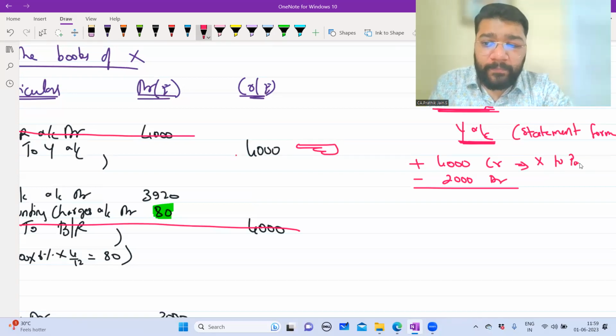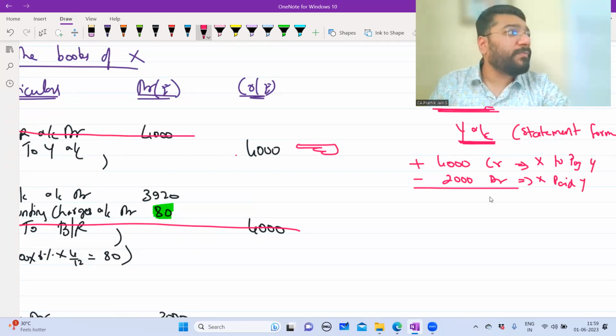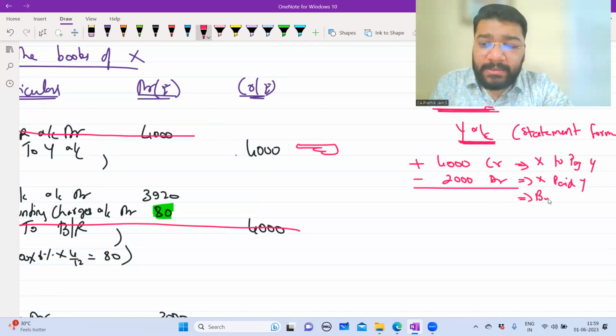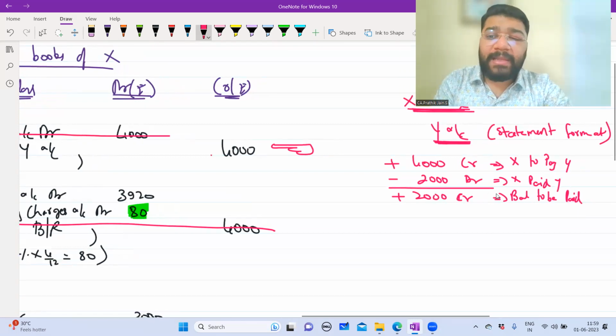X to pay Y 4,000 rupees. In that, X paid Y 2,000 rupees. What is the balance to be paid? So balance is 2,000 rupees to be paid. Credit balance.